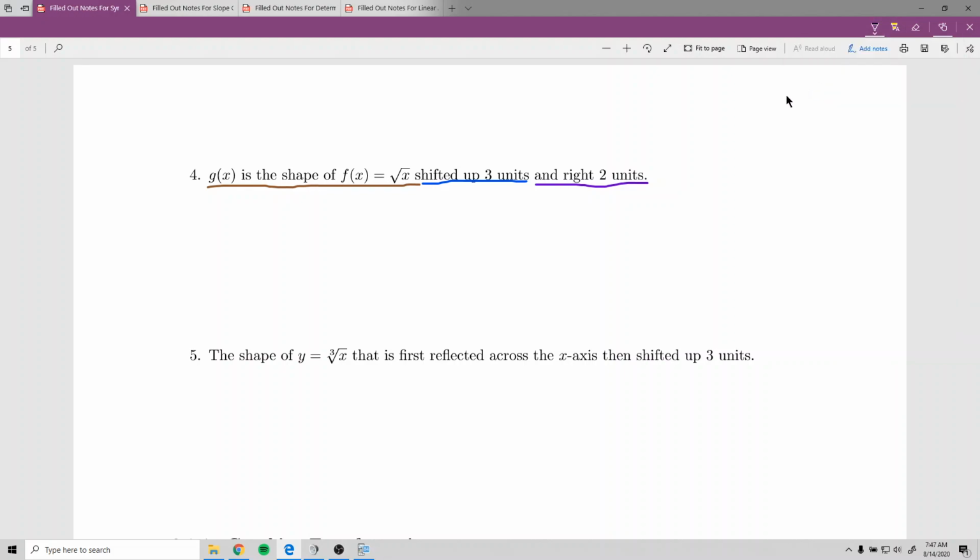Right, so when you have more than one transformation, what you want to do is make sure you do them in order. And just do them in order the way you read it.